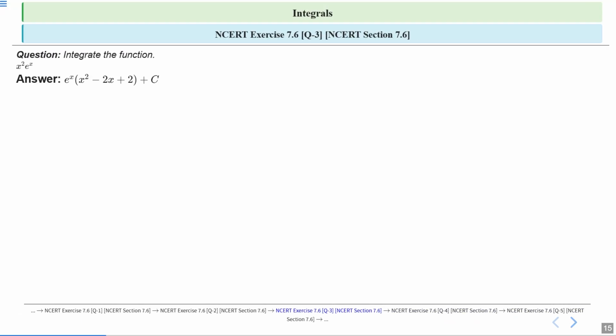The answer is e^x into x square minus 2x plus 2 plus c.